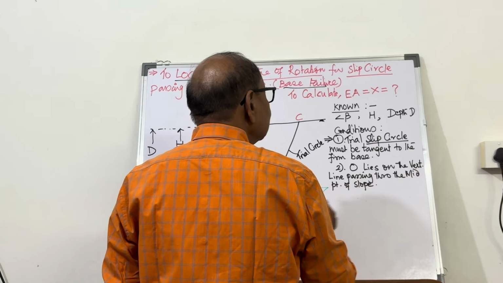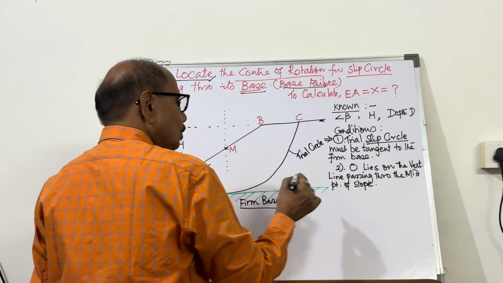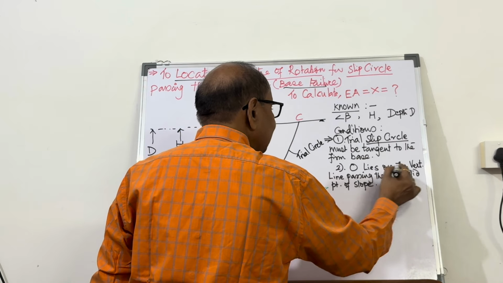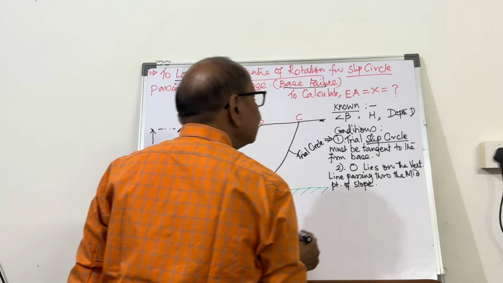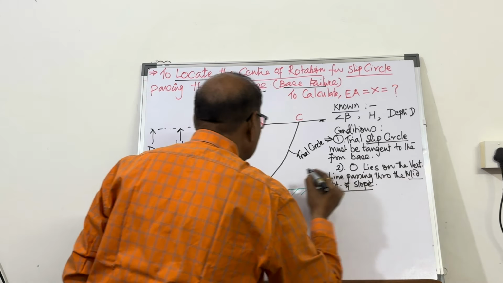And the second one, the center of rotation O lies on the vertical line passing through the midpoint of the slope.